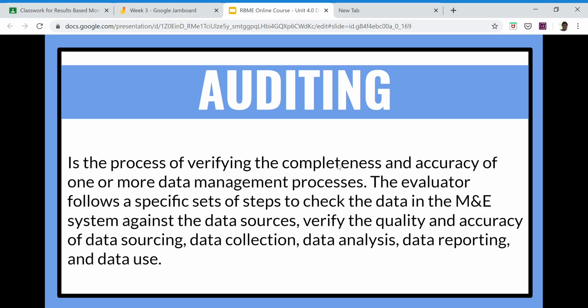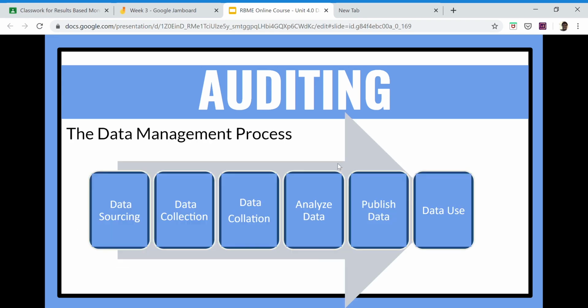It focuses on the accuracy and completeness of these 6 data management processes. So, we mean right from the data sourcing, to the collection of data, to the data collation, to when you analyze the data, to when you publish the data, and to when you use the data.